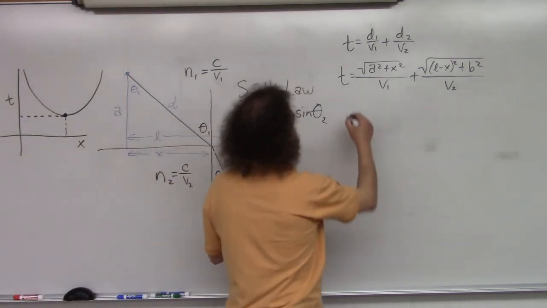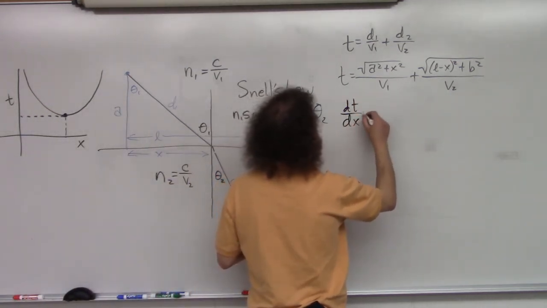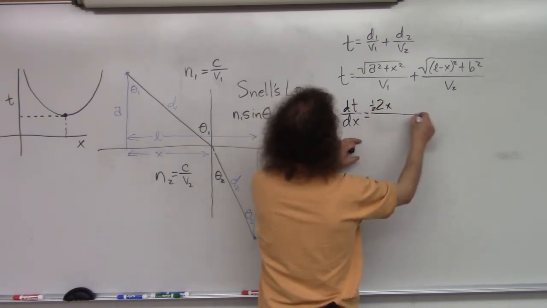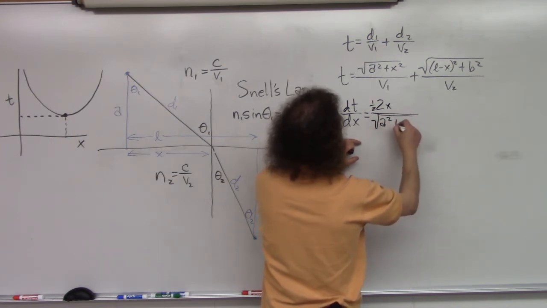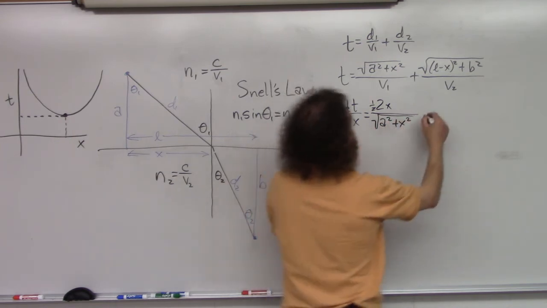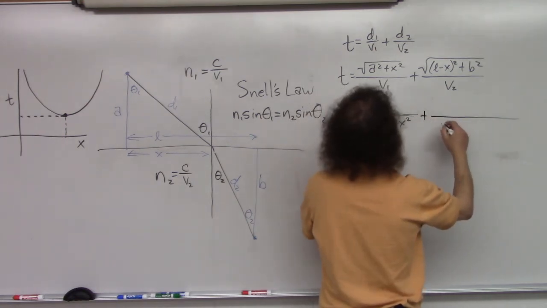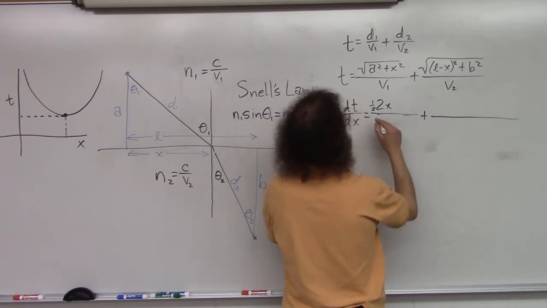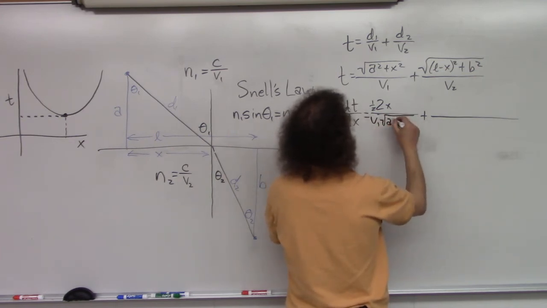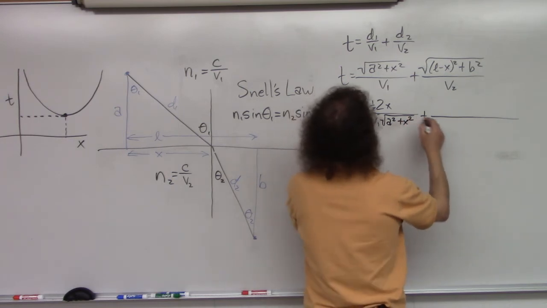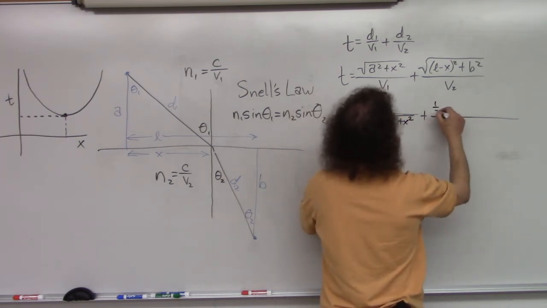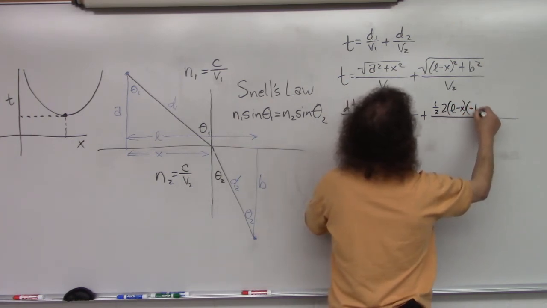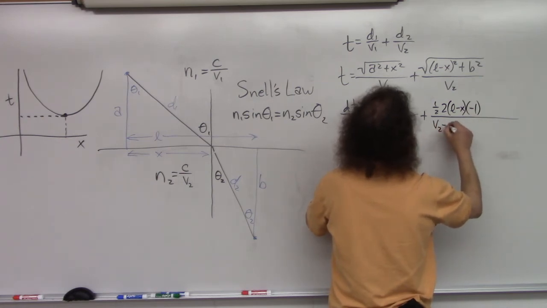Okay, so let's take the derivative of this. So dt/dx is, let's see, this is 1/2 times 2x over the square root of a squared plus x squared, and then V1 here. And this is, so let's see, that's 1/2 times 2 times (L minus x) times minus 1 over V2.